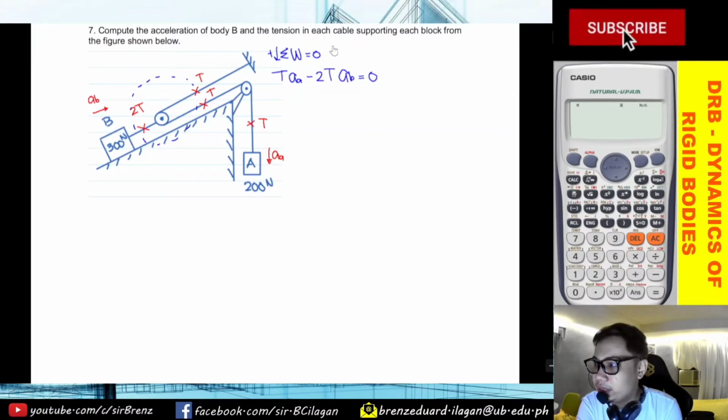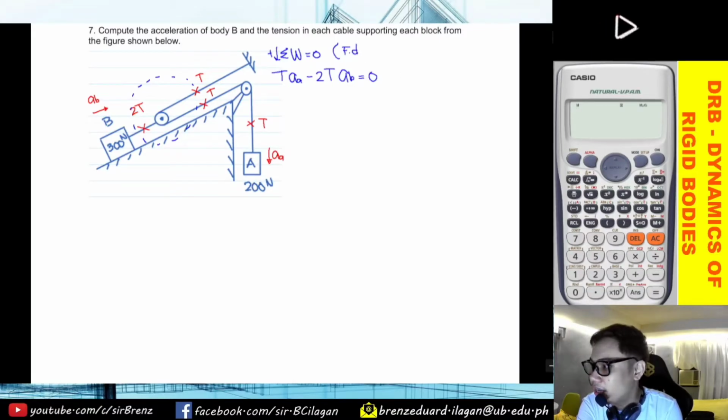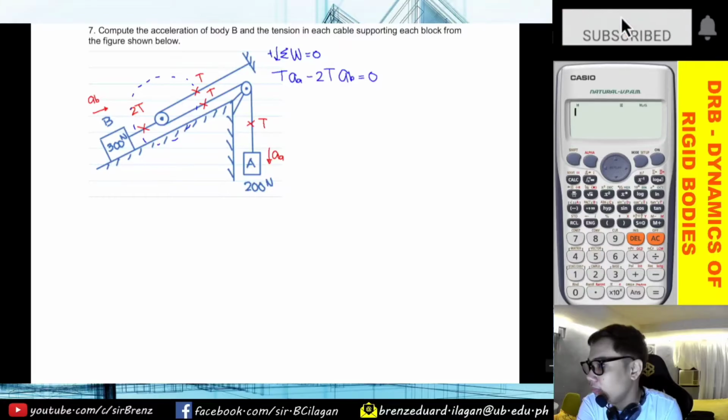Supposedly dapat force times displacement, but we all know na kapag dinerivative mo yan, magiging velocity and then acceleration. So diniretso ko na siya in these values or equation. Okay, we can name this as our equation number 1.